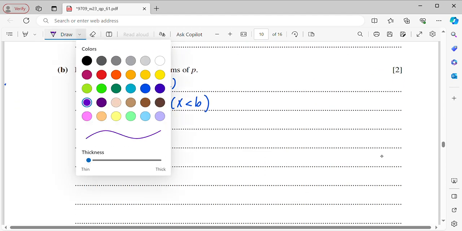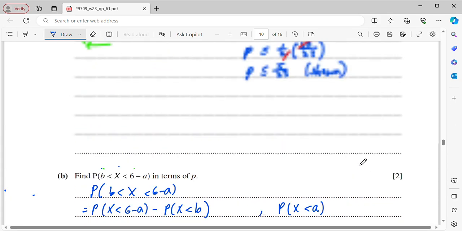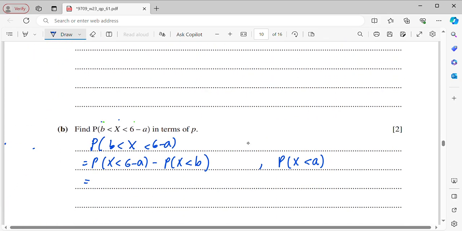So here I will write P(x between 0 and a), which is better, as 0.5 minus p plus 13 over 10p, which is 0.5 minus 2.3p.